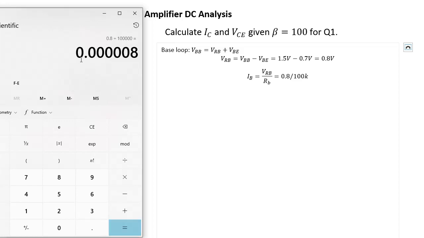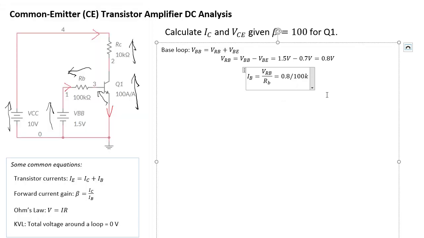That is equal to 8 microamps. So now we have IB.